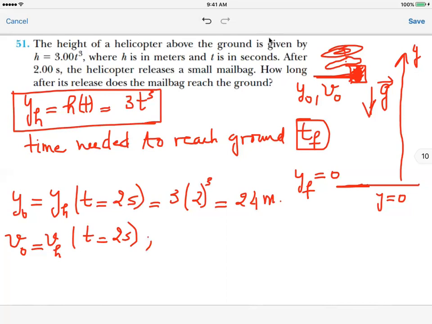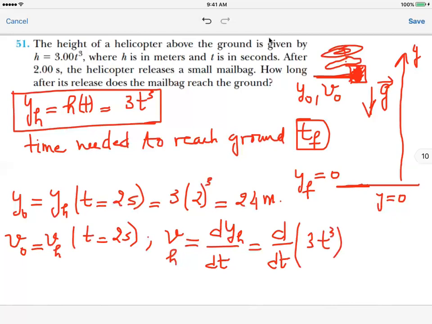Since we know the definition of instantaneous velocity, we can write that v of the helicopter is equal to dy helicopter divided by dt. So it's the derivative with respect to time of 3t to the power 3, which simply gives 9t squared.